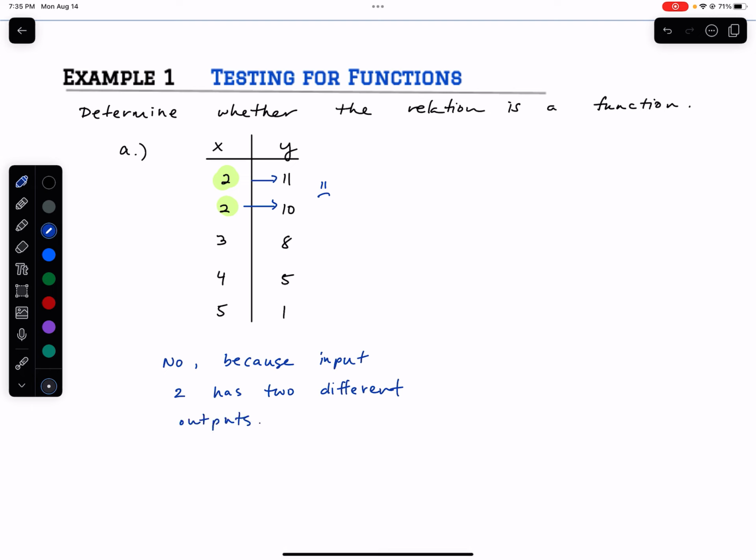Okay. For B, draw a quick graph. I'm going to plot a couple points.